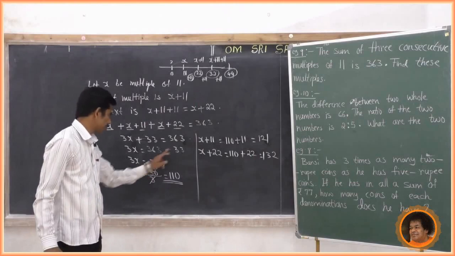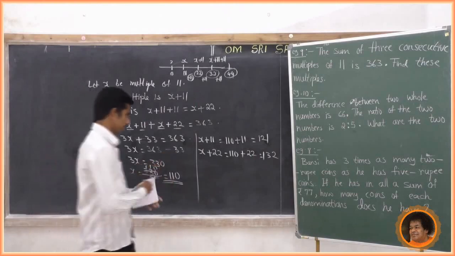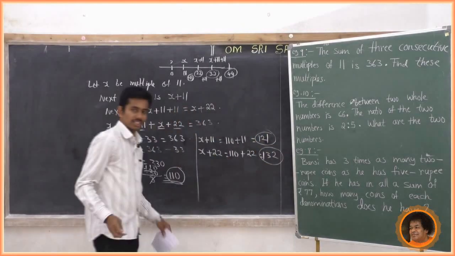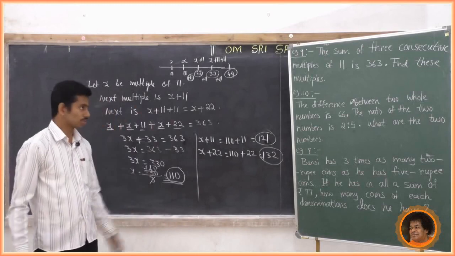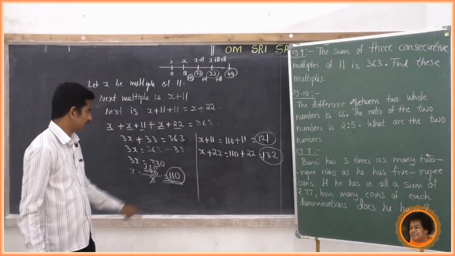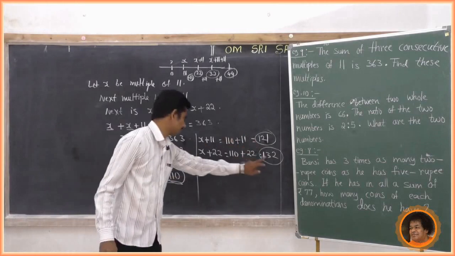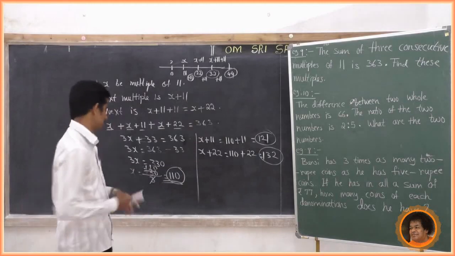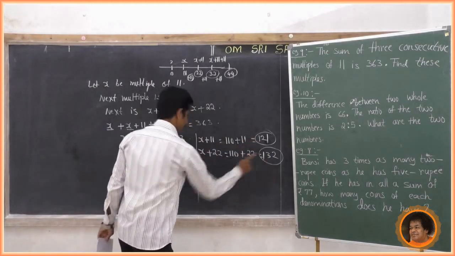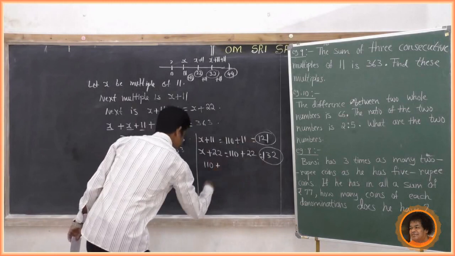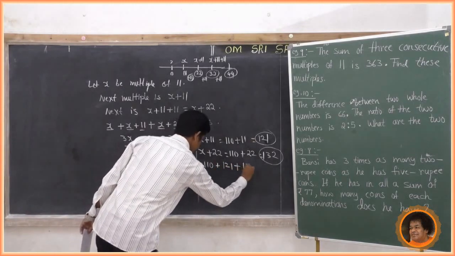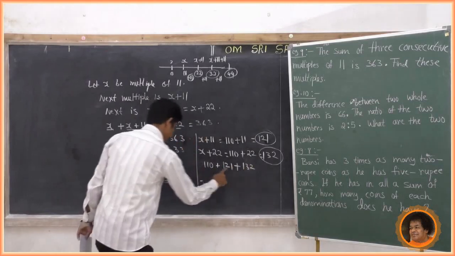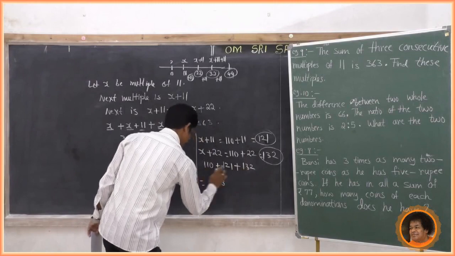The first multiple is 110, then 121, 132. These are the three consecutive multiples of 11. Is it correct? If we add 110 plus 121 plus 132, we have to get 363. Adding: 0 plus 1 plus 2 is 3, 1 plus 2 plus 3 is 6, 1 plus 1 plus 1 is 3.